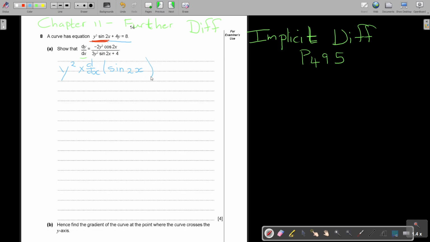Then, still the product rule, plus I rewrite the second one, and I differentiate the first one, and that will be y to the power of 3. And then don't forget, every time that you differentiate to y, you must write dy over dx.